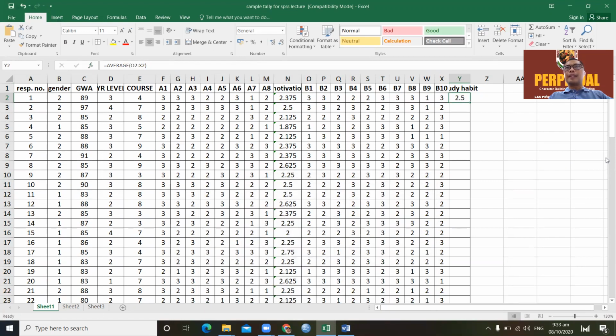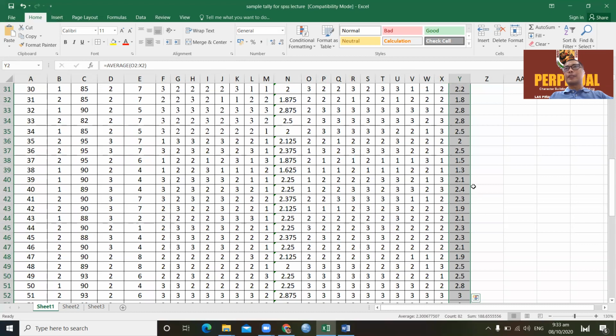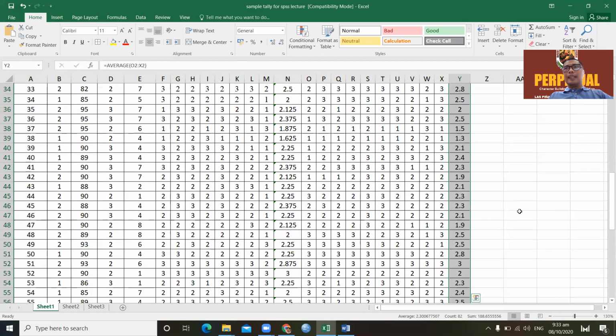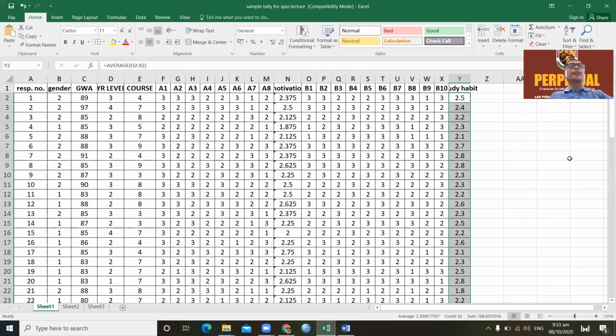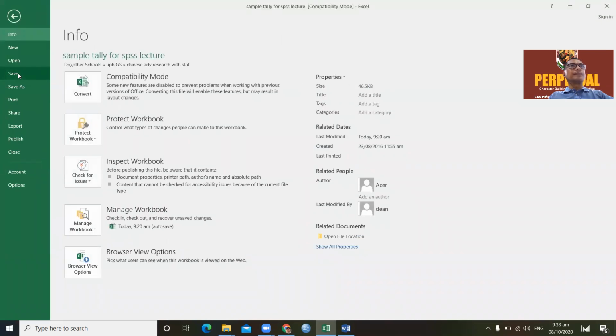Click OK. 2.5 is the level of study habit for respondent number 1 based on her responses from the first question until the 10th question. All you need to do is double click this one so that it would reflect to the entire tally sheet.